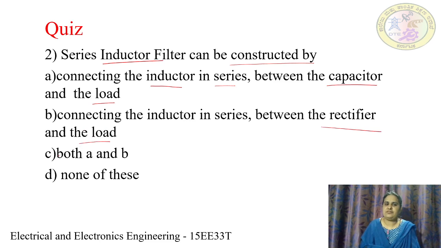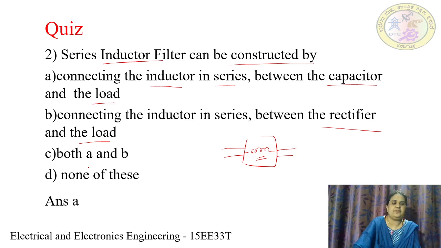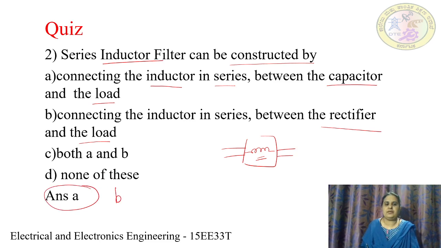That is the meaning of this question. Okay, a series inductor filter can be constructed usually like this: if we have a filter, at the input we have the rectifier output, at the output we have the load resistance, and here I am connecting a series inductor. So the answer is option B. Sorry, the answer is option B. It was wrongly mentioned here. The answer is option B.